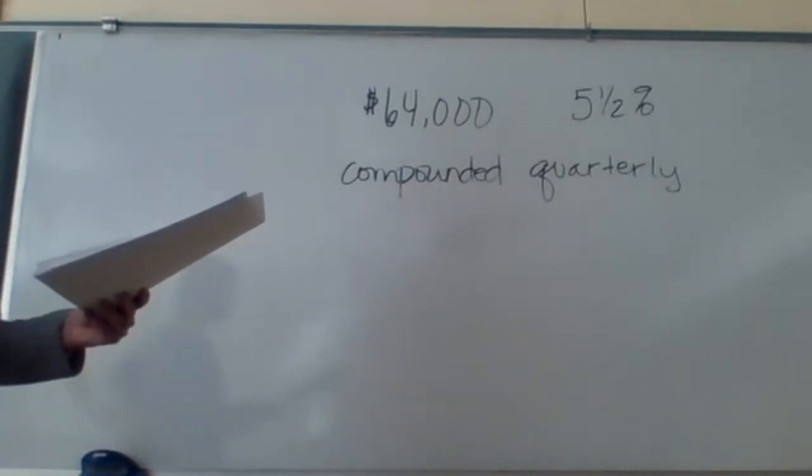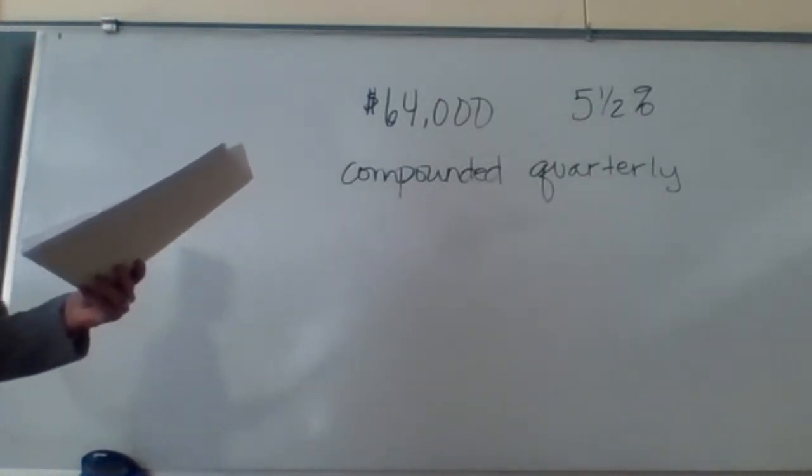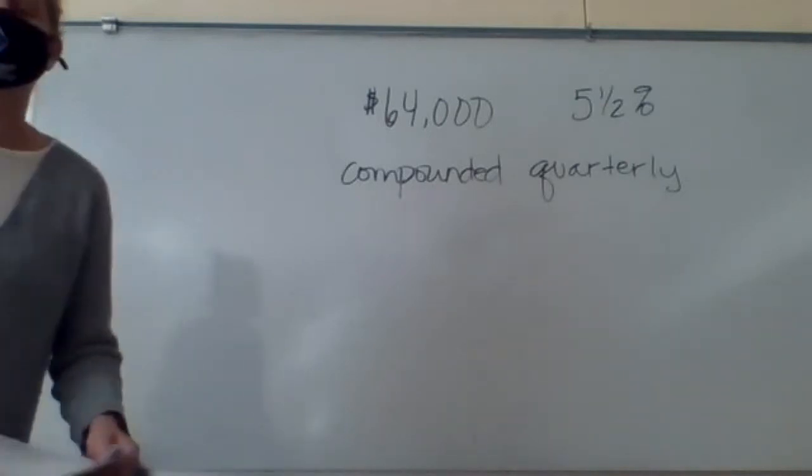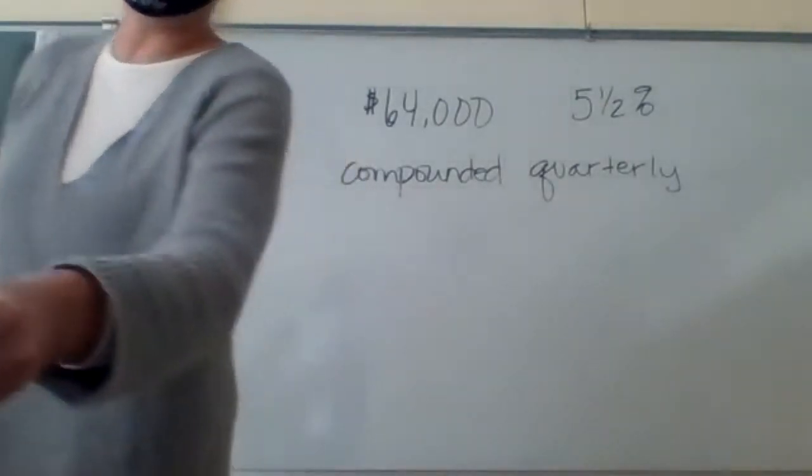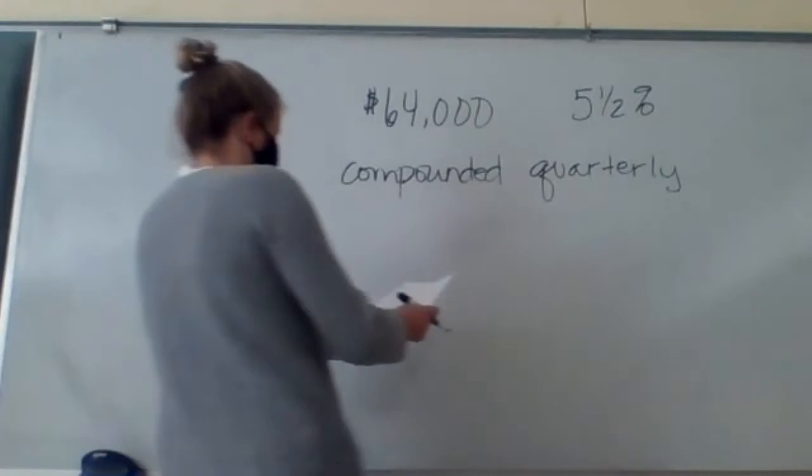The first thing you're going to do is find the function for the amount to which the investment grows after T years.